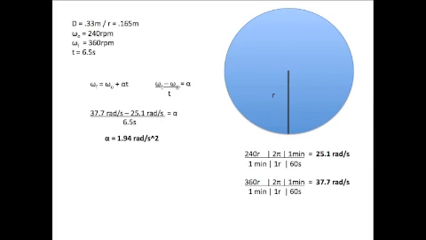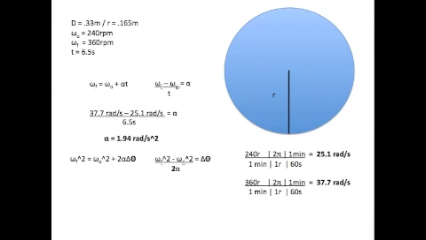Now that we have the value for alpha, we can use that to our advantage in another equation. We'll use that to determine delta theta. What we'll use is velocity final squared equals velocity initial squared plus 2 alpha delta theta. So we isolate delta theta. You get final velocity squared minus initial velocity squared, all divided by 2 alpha, and that equals delta theta.